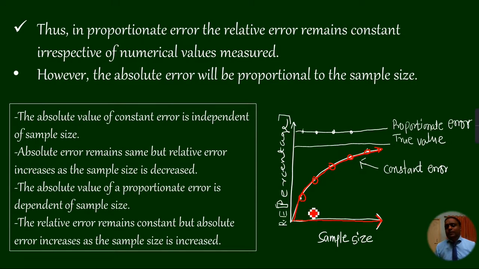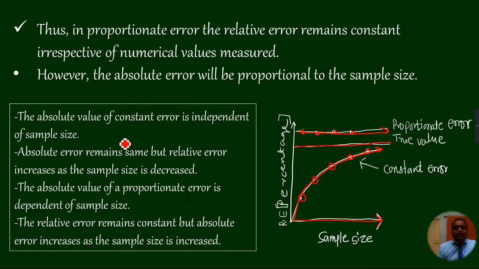So whenever there is an increase in sample size, with a constant error the relative error increases, while with a proportionate error the relative error will be constant. The true value will be the same for all sample sizes.